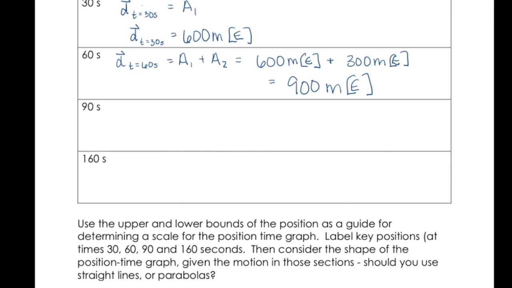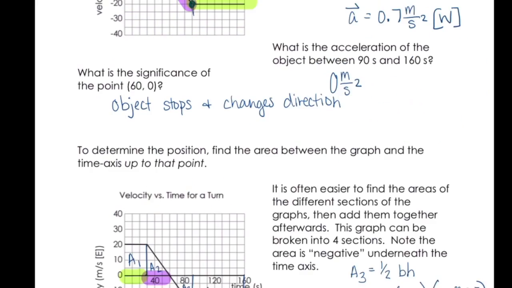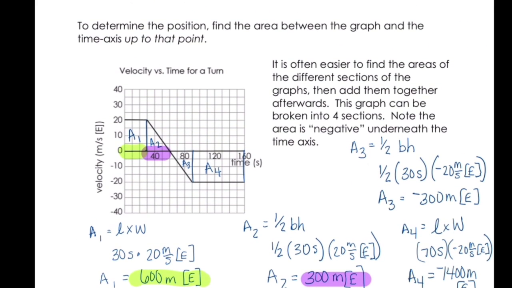For the next one, 90 seconds, looking back at the graph, now we're going to add the three different areas together, A1, A2, and A3.